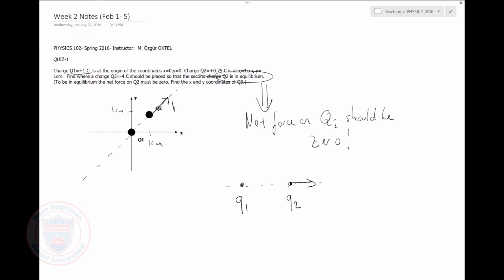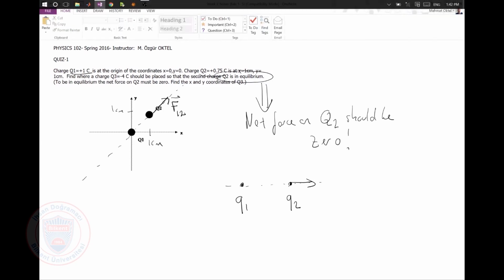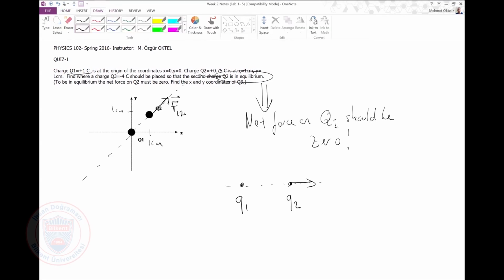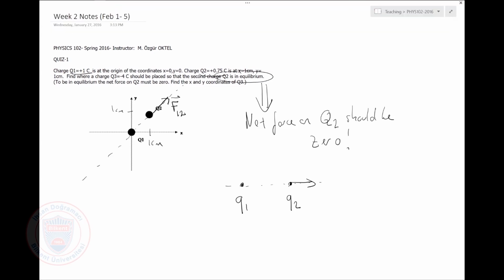So this is going to be F. First charge is acting on the second charge, right? So what do I need? I need a force which is going to cancel this force exactly. F3 acting on 2 should cancel F1 acting on 2 exactly.